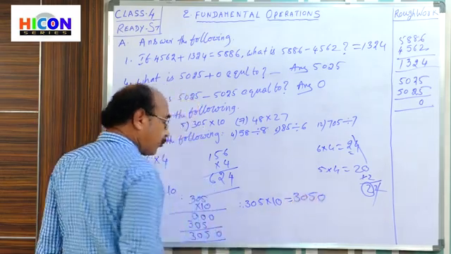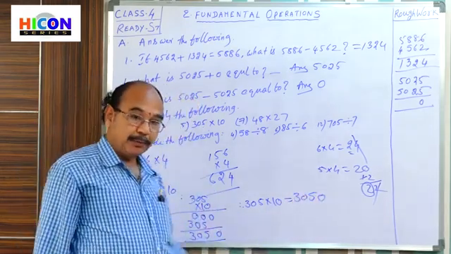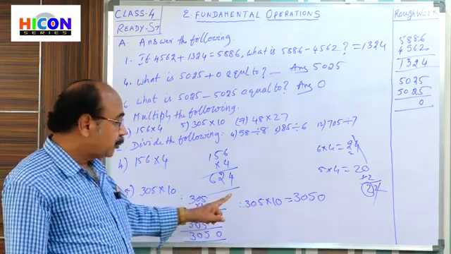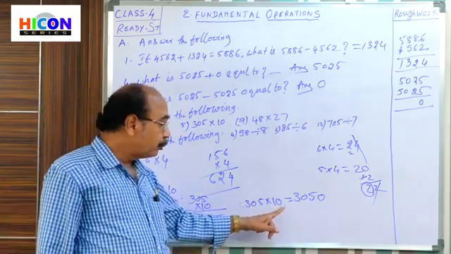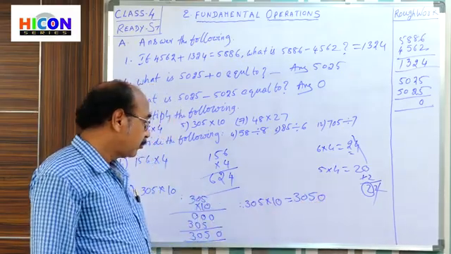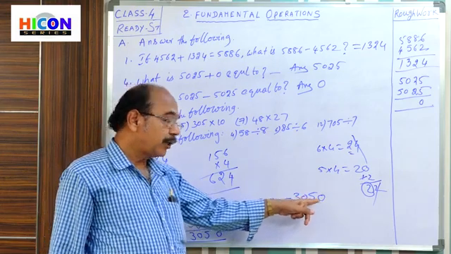And here a simple logical point is that if a number is multiplied with 10, simply we put 0 at the end of the number.